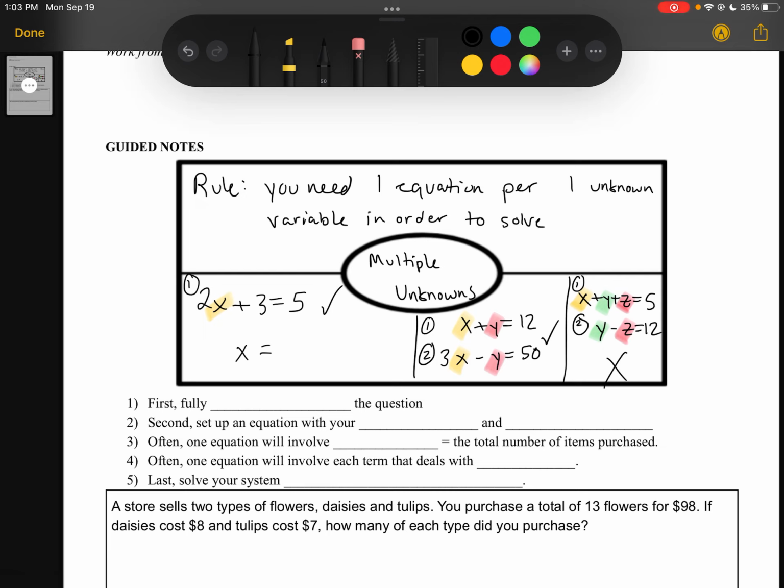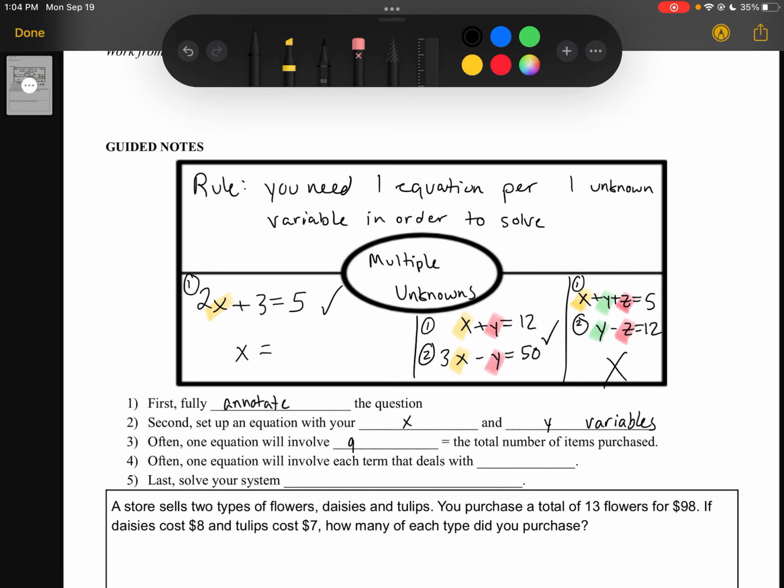So a couple of quick things. First, we want to make sure when we're solving these, specifically with word problems, we do want to fully annotate the question. Second, you're going to want to set up an equation with your x and y variables. So if there are two unknowns, we'll set those up using x and y. It doesn't have to be x and y, but basically you just have your two variables you set up. If you prefer using a and b, that's totally fine.